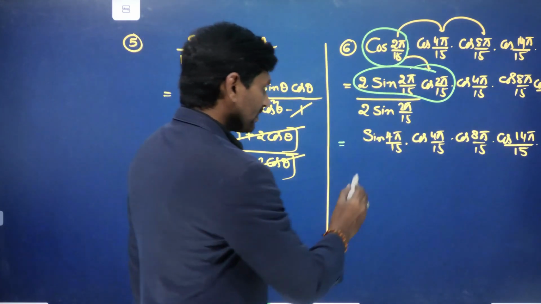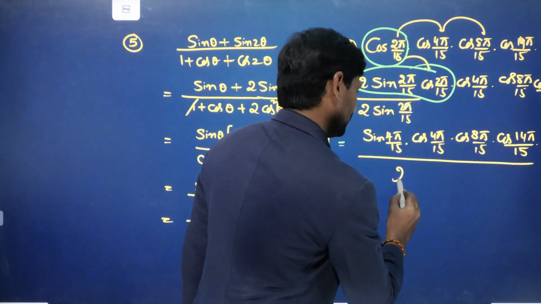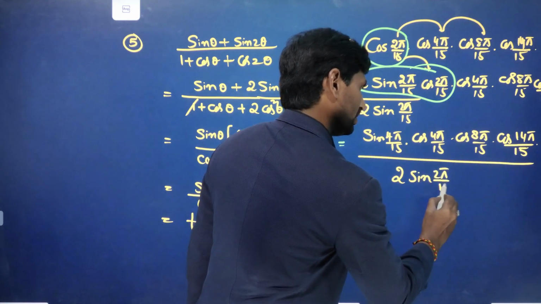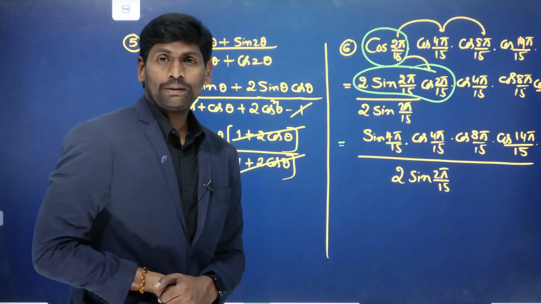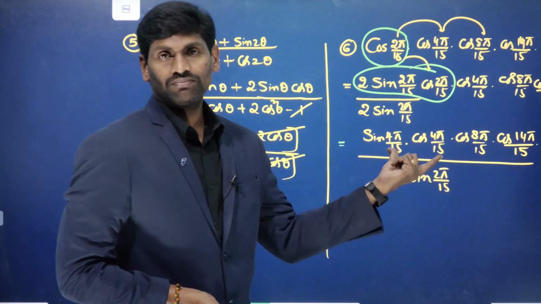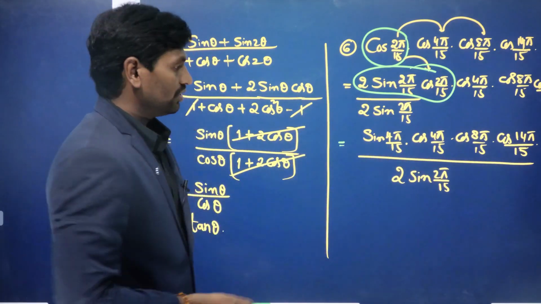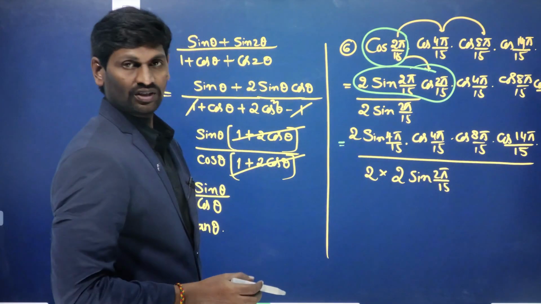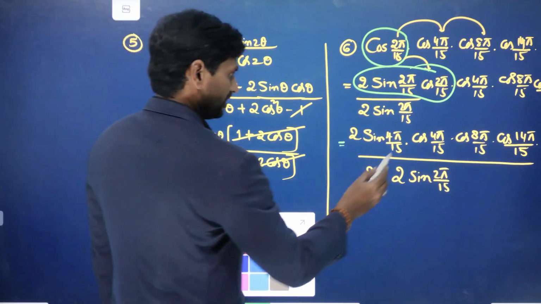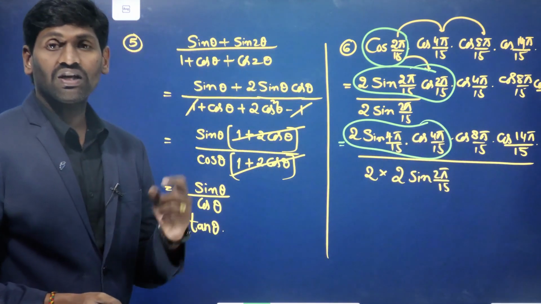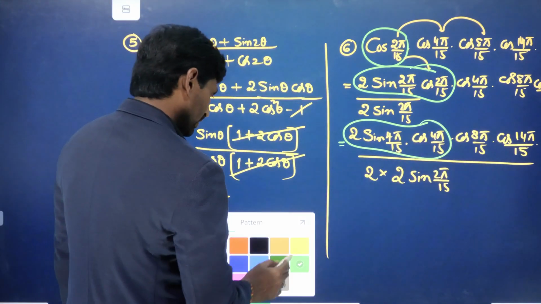But what is the remaining term in the denominator? Denominator is 2 sin 2 pi by 15 only. Again, to apply the formula here, sin theta into cos theta, both are the same. We missed only 2, so just multiply and divide by 2. Again, the numerator is in the form 2 sin theta cos theta, nothing but sin 2 theta.